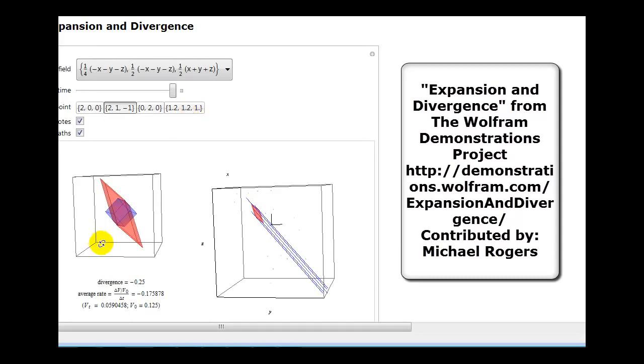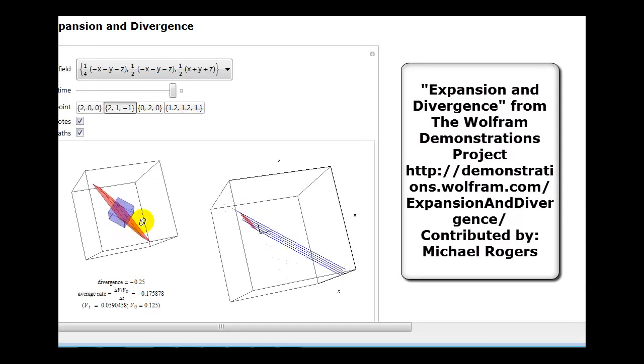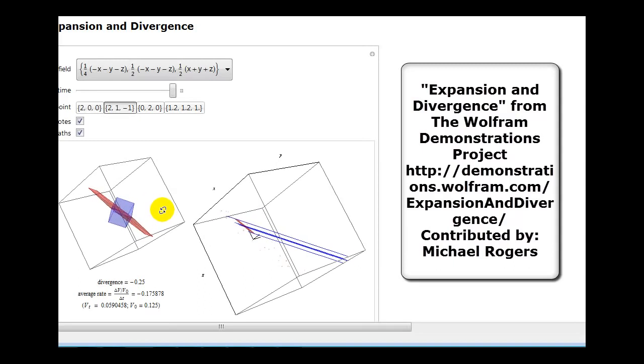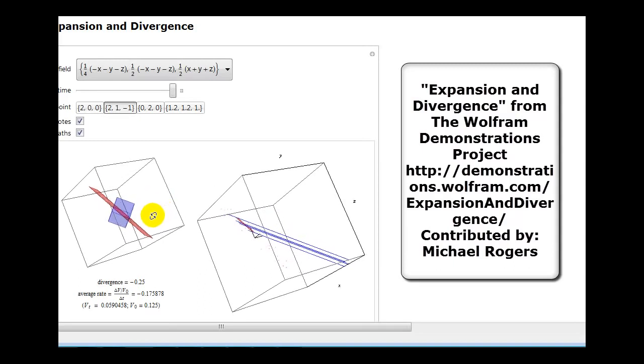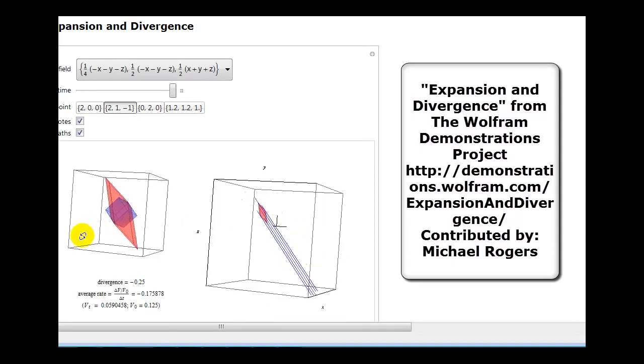If we take a look at the red box now, notice that it's very flat and the volume of the red box has decreased as it passed through this vector field.